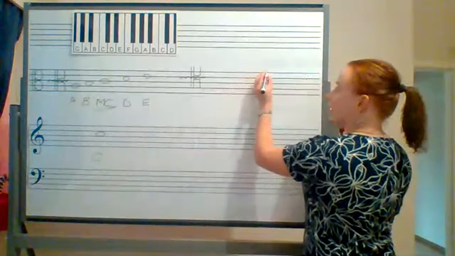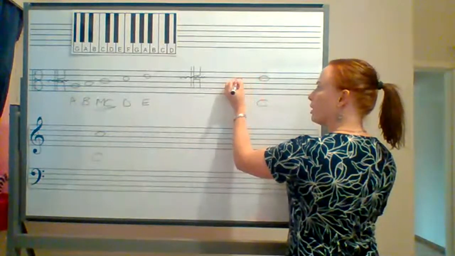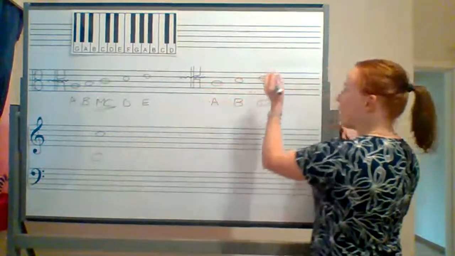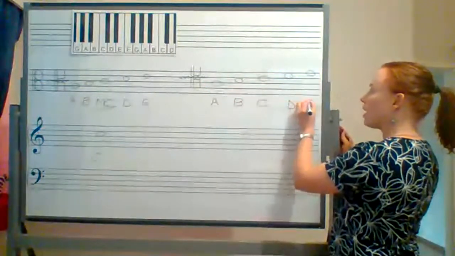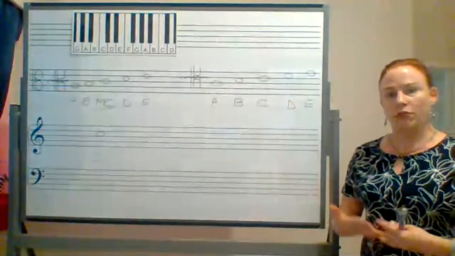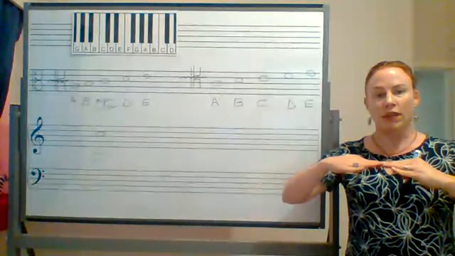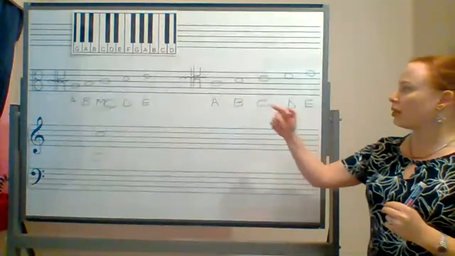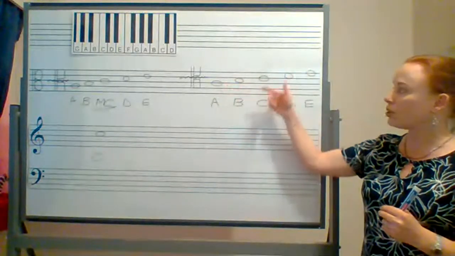So if this is my middle C, this is going to be B, this is going to be A. And after that, we're going to have the D and the E. Now, if you use my way of working out the letter names, if you think of the letter names in the treble clef, you just think them one pitch higher in terms of your notation. So the A moves up one pitch.